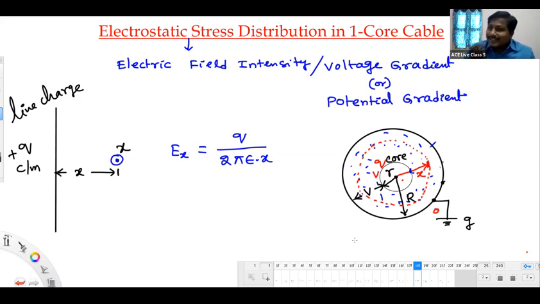The insulator is experiencing the stress, right? Whatever dielectric material you kept between core and sheath experiences higher stress nearby the conductor and lower stress nearby the sheath. That's the meaning. Did all of you understand this?